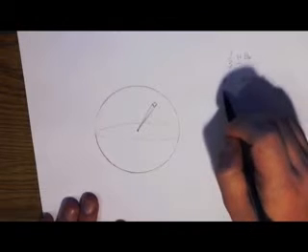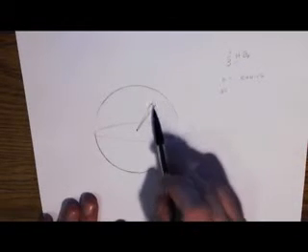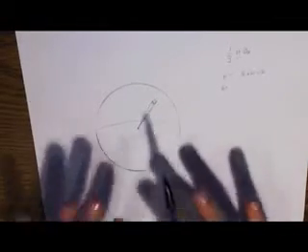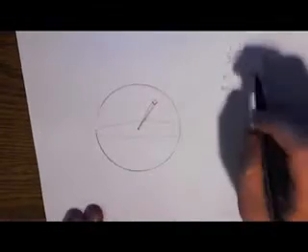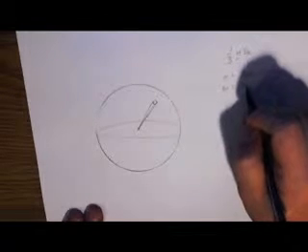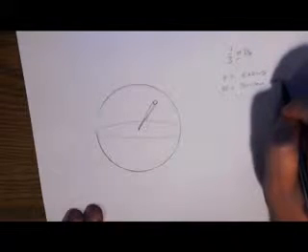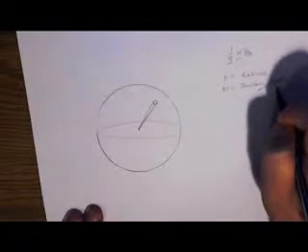And what's the base area? Well, remember, it's the base area of this guy plus the next square, the next square, the next square. All of these squares added together ends up being the surface area of the sphere.